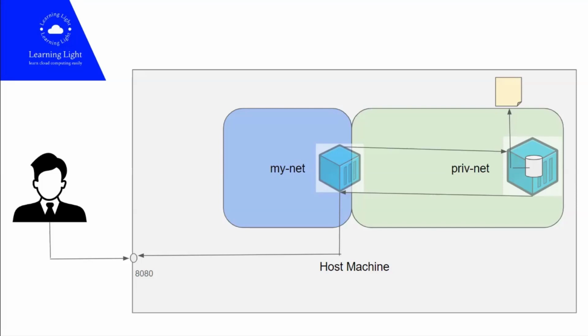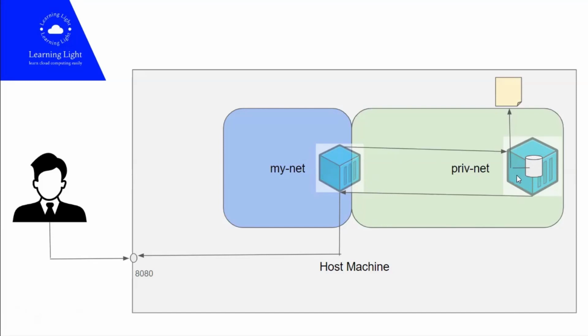Now, this database is not accessible to the outside world, so no user can access this database. But we will create another network, which is MyNet, which is completely accessible through port 8080 from the external world. This web application will be running on a container in MyNet, and it will also be connected to the private network from where it can communicate with this database.